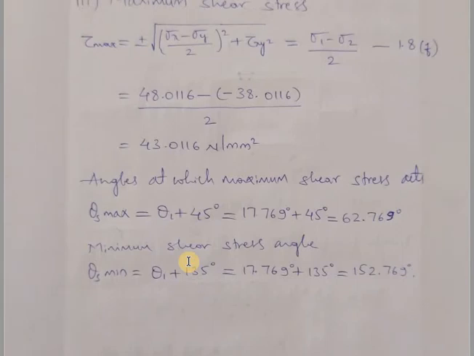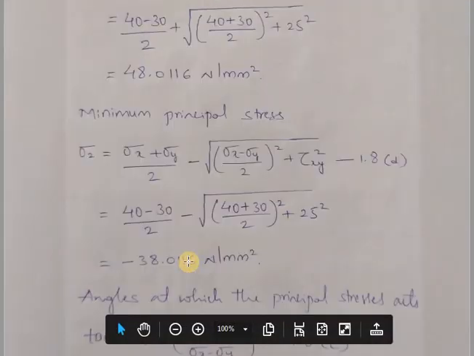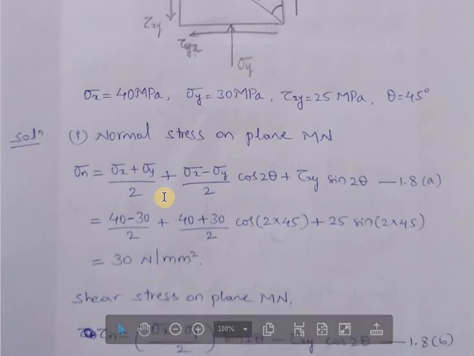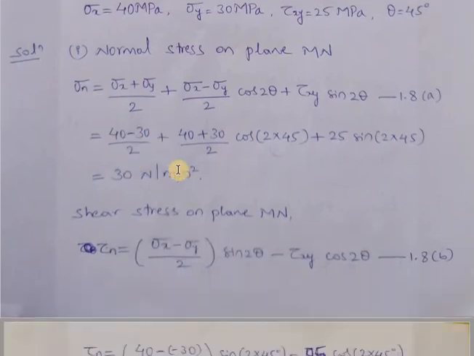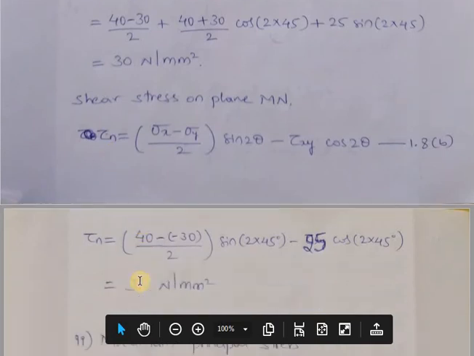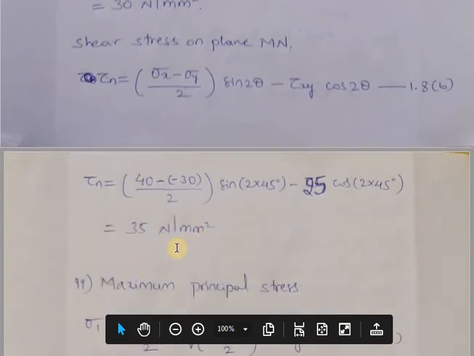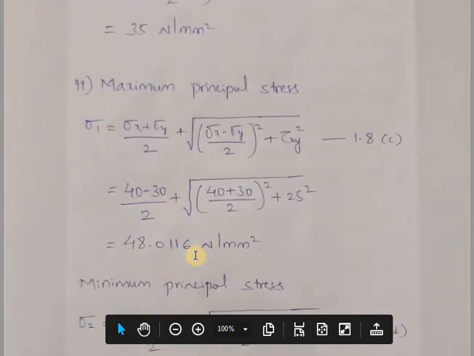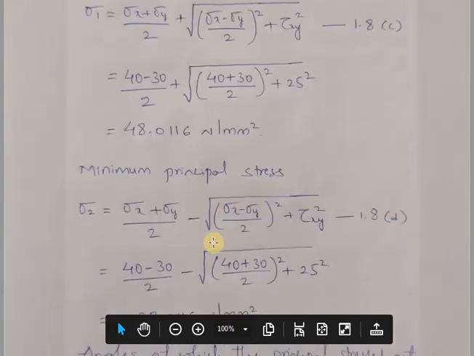So this is the solution for the first problem. Here I will just review the results for you. Sigma n is the normal stress and tau n is the tangential stress on the plane MN. Next, principal stress and their direction. Sigma 1 is the principal stress, that is the maximum principal stress.